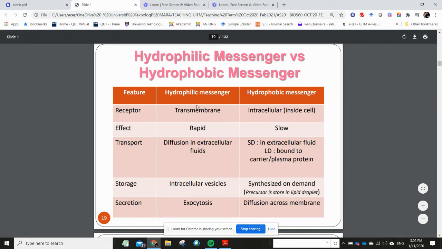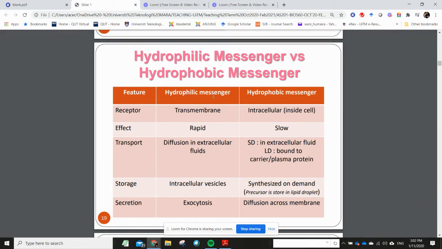Okay, now we want to enter the new subtopic, which involves the receptor. For the hydrophilic messenger, the receptor type is transmembrane. For the hydrophobic, the receptor type is intracellular, inside the cell. The effect of hydrophilic is rapid. The effect of hydrophobic is slower.